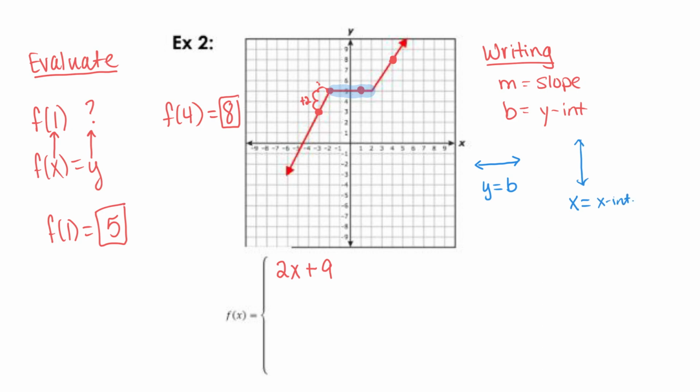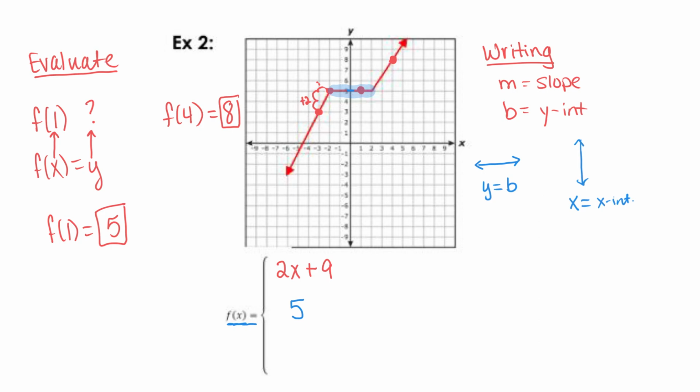So if it goes through the point (2, 0), then your vertical line equation would be x equals 2. But this is a horizontal line, so all we have to do is write whatever y value that's at, which is 5. Because this is our y, we don't have to put y equals because it's already there. So all we have to put is just the number 5.